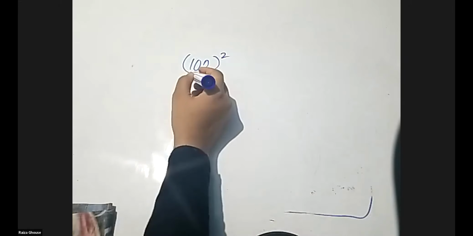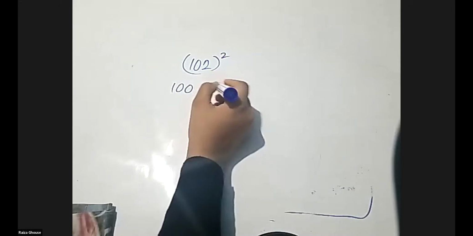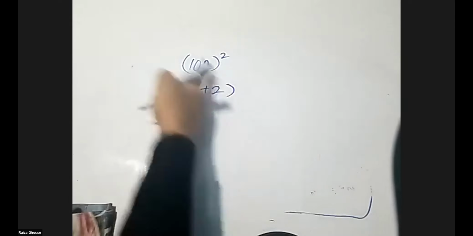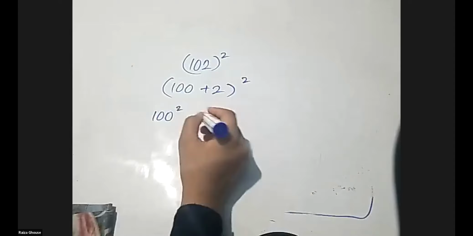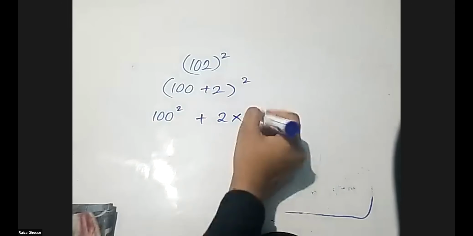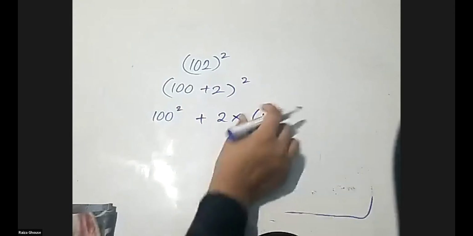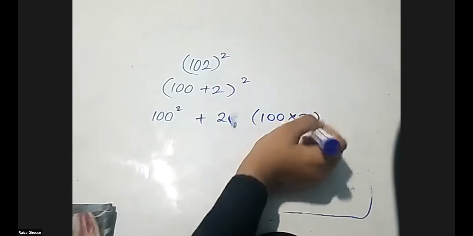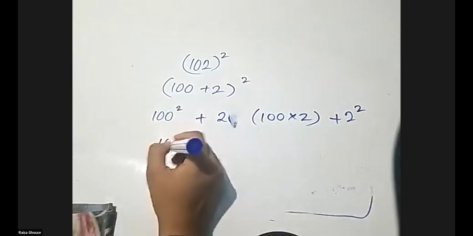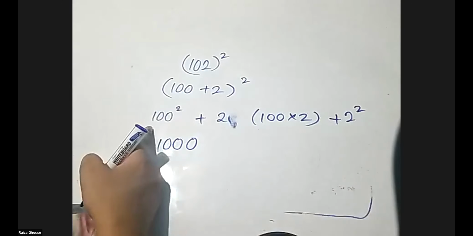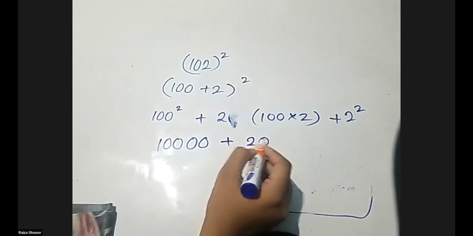How can you make 102? 100 plus 2 is 102. This one squared: square of the first term plus twice the first and the second term plus the last term squared. So here you get 100 into 100, which means 4 zeros. 100 into 2 is 200. 200 into 2 is 400.